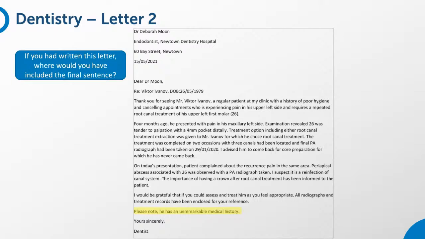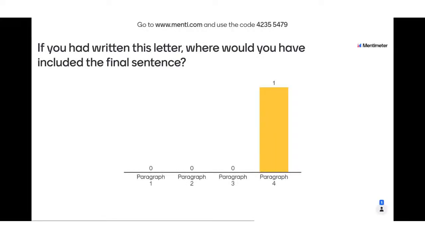So you want to finish with something significant at the end of your letter. This sentence, I would suggest, could go somewhere else to be better communicated. So 4 options to choose from in the poll, or let me know in the chat. Do you think you would put it in paragraph 1, 2, 3, or 4?